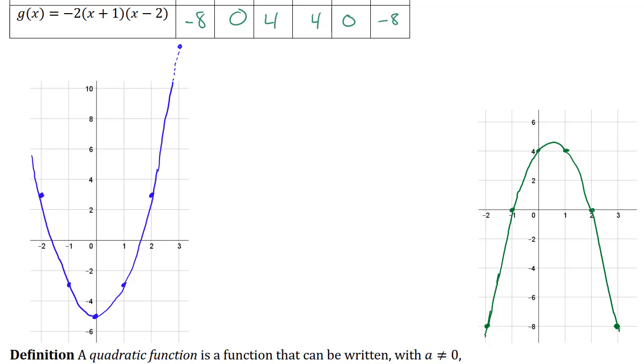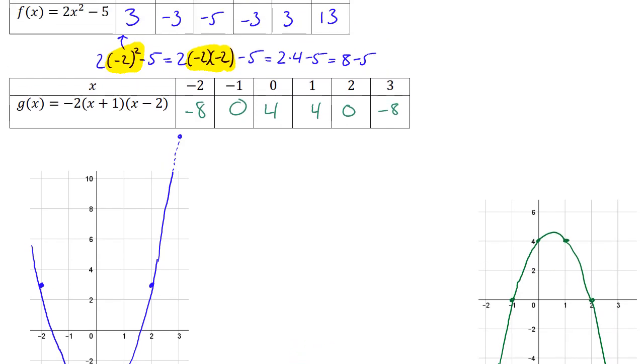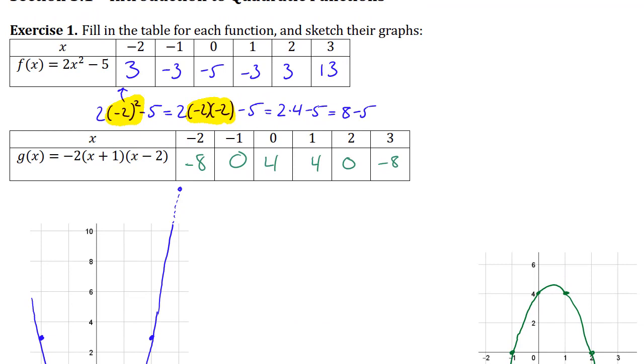There's a couple things I want to point out. With 2x squared minus 5, when you plug in these numbers, you're always doing something minus 5 here. And that 2x squared part of it is always positive.